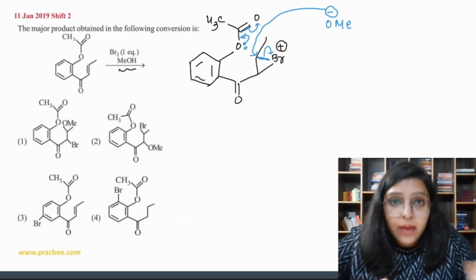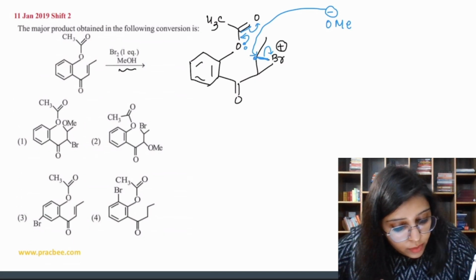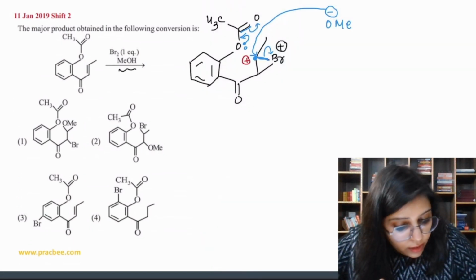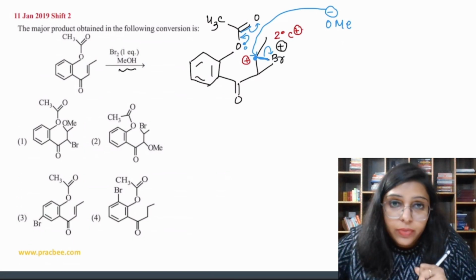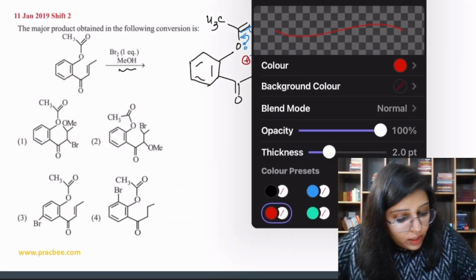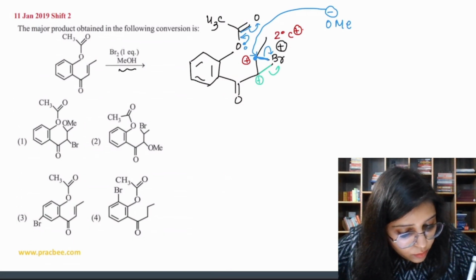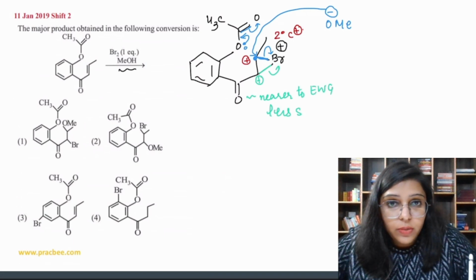Okay? Now we have two conditions, because if this bond is formed, then we will have the carbocation formation over here and this is going to be the 2 degree carbocation. Now if I dissociate this bond, then the carbocation is formed over here which is nearer to the electron withdrawing group. So here it is less stable.